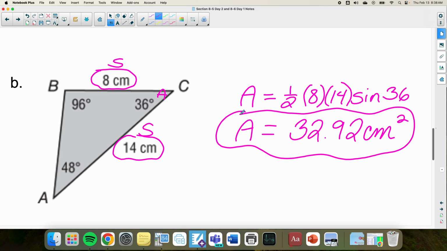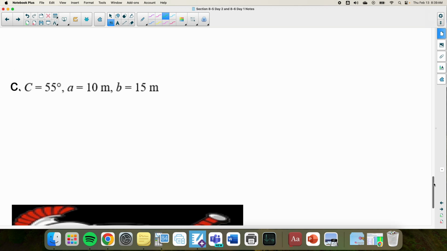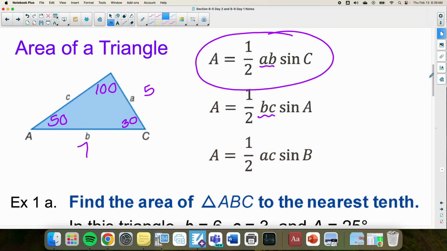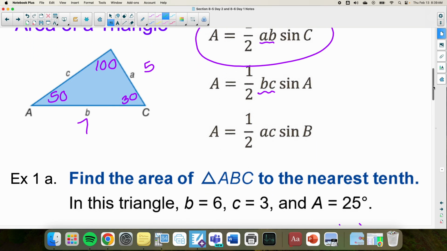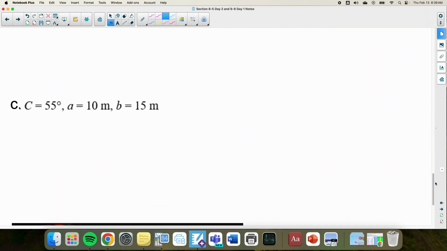Okay. Then when we go down and look at this last one, it's not drawn out. So then you're going to want to look, it's A, B for sides, and angle C. So it would be this formula. A and B are the sides, C is the angle. So you're just going to multiply 1/2 times the two sides times sine of that angle.